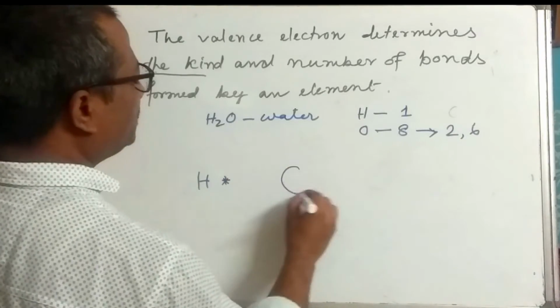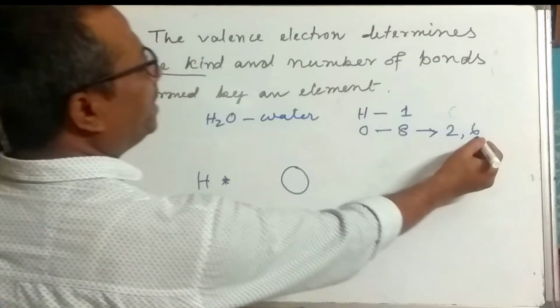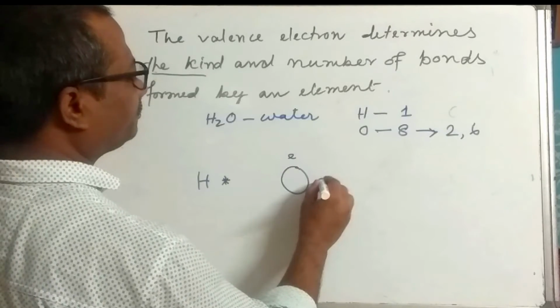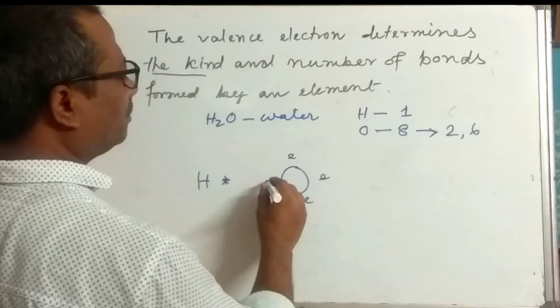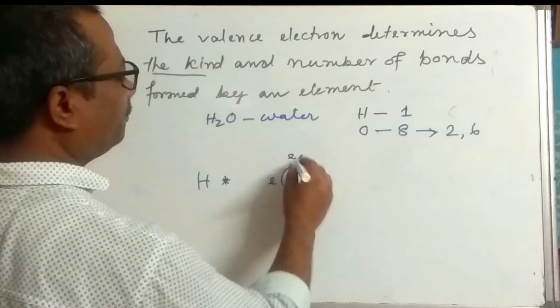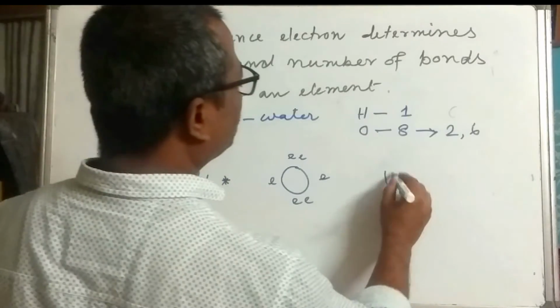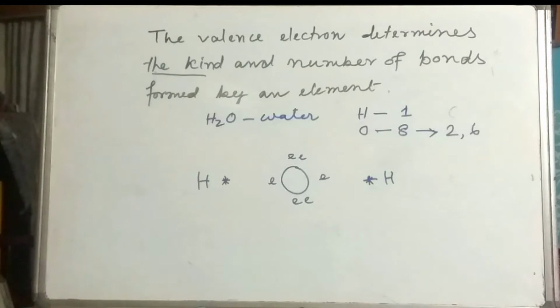Suppose oxygen is here, it has on the outermost shell how many electrons? 6 electrons. 2, 4, 6. And this is hydrogen, it also has 1 electron.